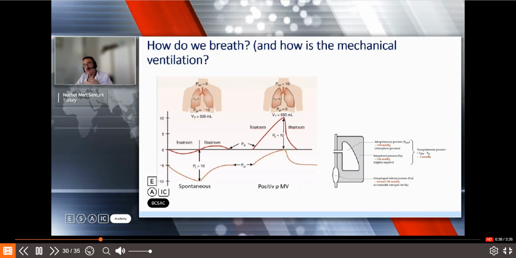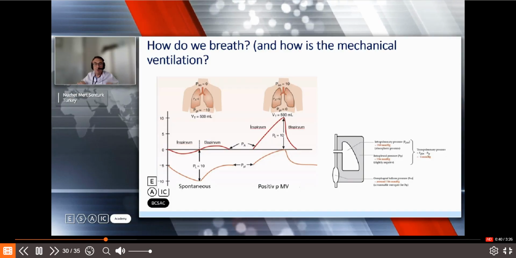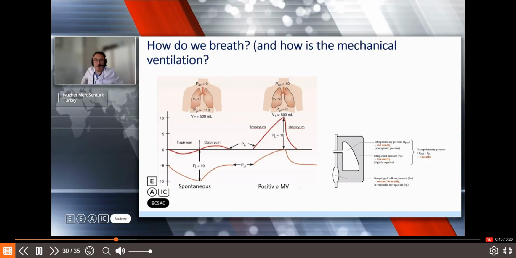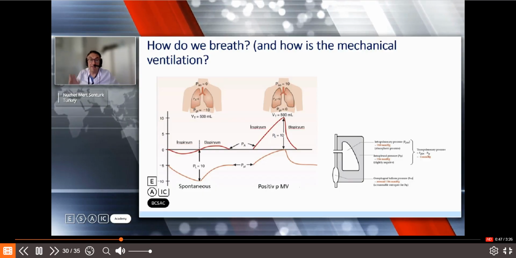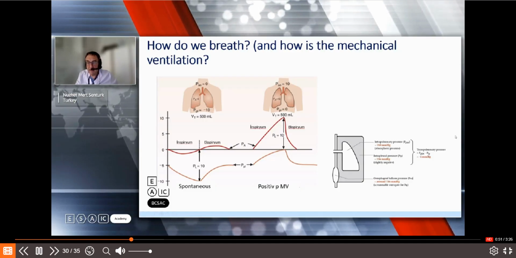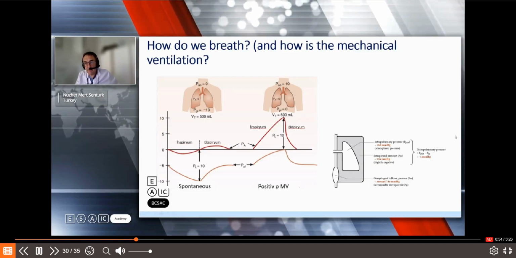How can I create the negative pressure at the alveoli? Normally, the pleural pressure, the intrapleural pressure, is always negative compared to alveolar pressure. And therefore, I always have a transpulmonary pressure.